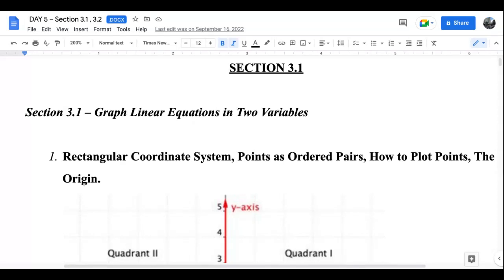In all three equations, we have x, which is just x raised to the first power, and we have y. So x comma y is a representative for any point on this line. That's how we see these three are equivalent.